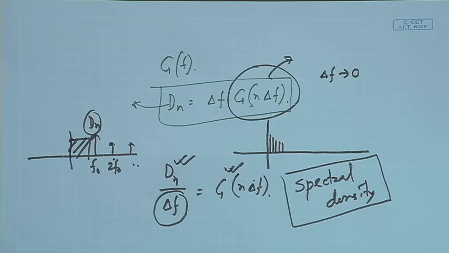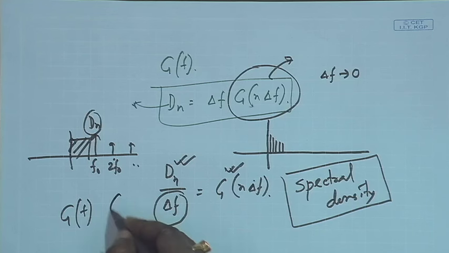Earlier, when we were plotting d_n, we were saying that the frequency component has this much amplitude, whatever the modulus of d_n is. Now we are saying it per unit frequency, because it has to be divided by del f. This is the amplitude strength.